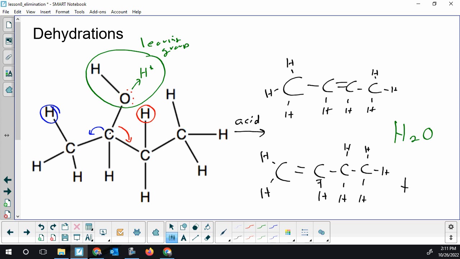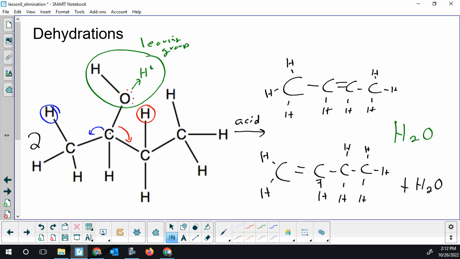Now we would also get a water when we make the second product. So we have all our products. We could make a butene, we can make a butene, both would produce a water. We'd get 2 waters in total. So to complete the balancing, we'd have to have 2 of the original butan-2-ols.